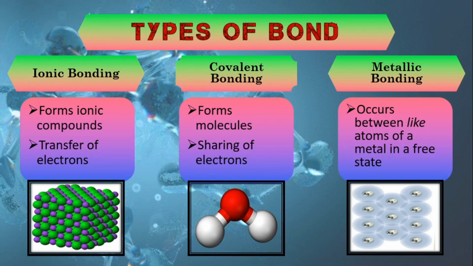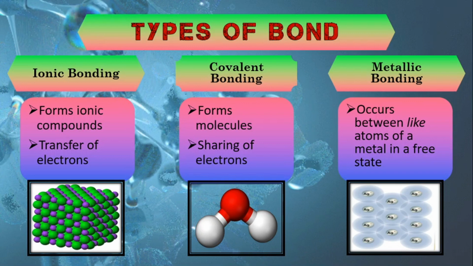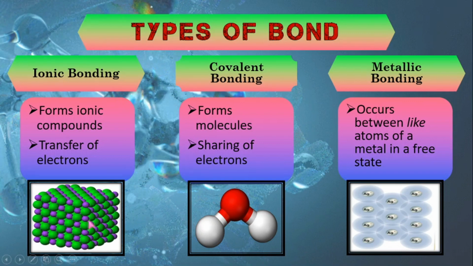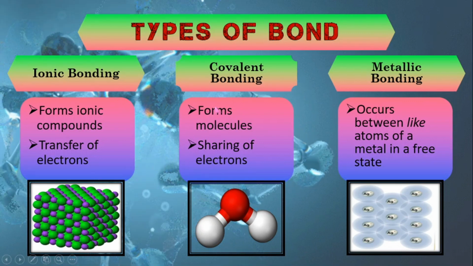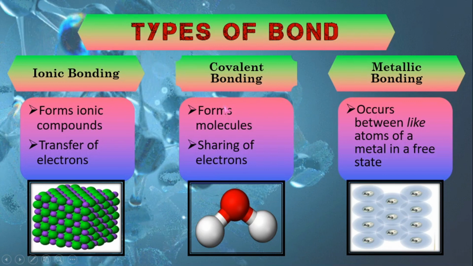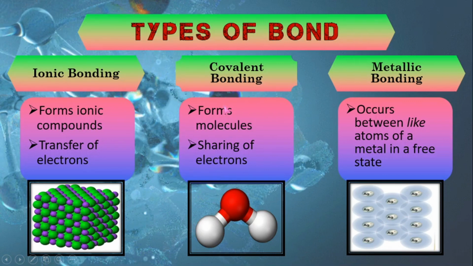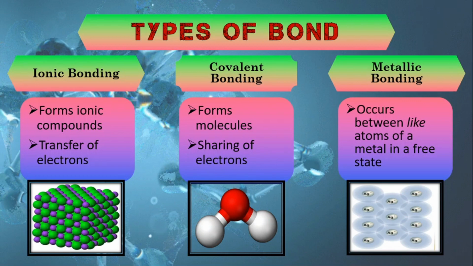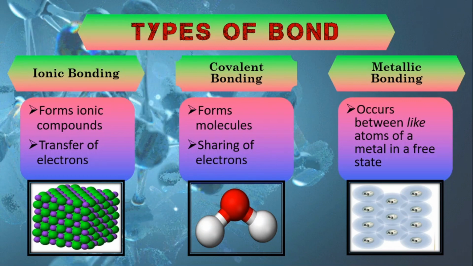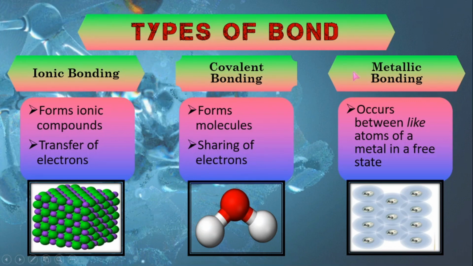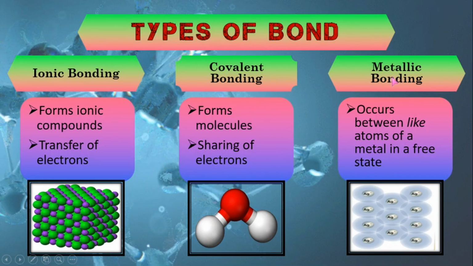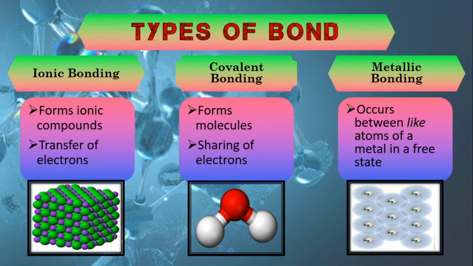Ionic bond is the transfer of electrons, and this is what it looks like. Covalent bonding forms molecules. It is done by sharing of electrons. And last, metallic bonding occurs between like atoms of a metal in a free state.